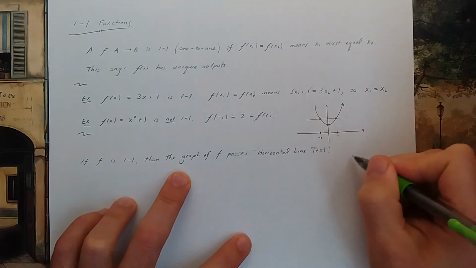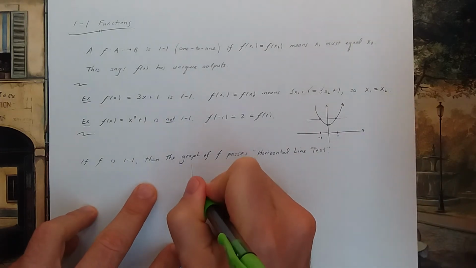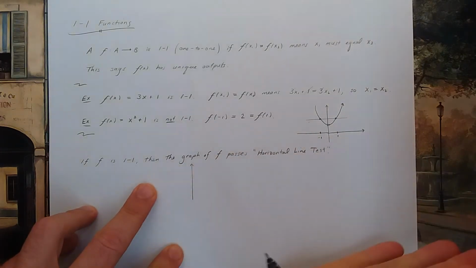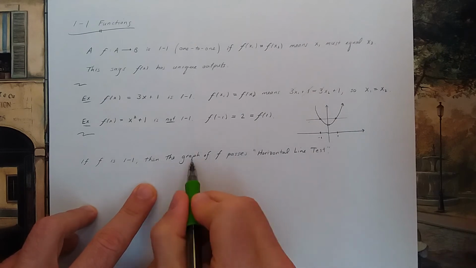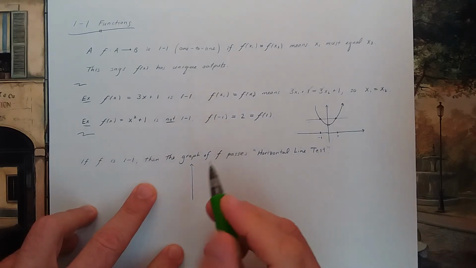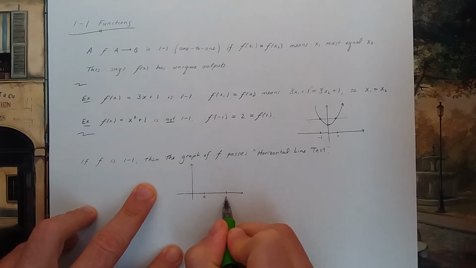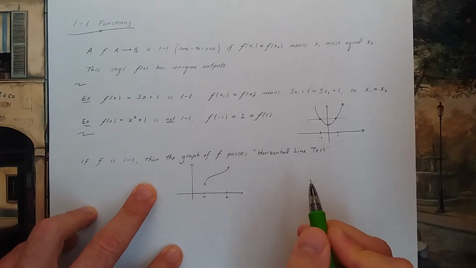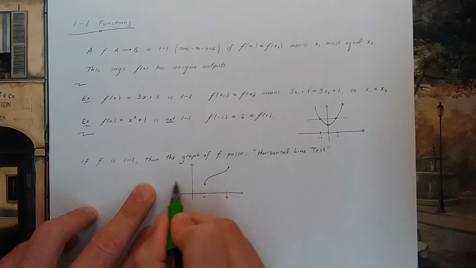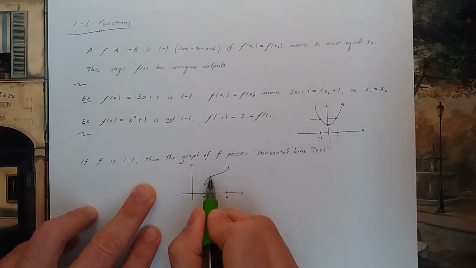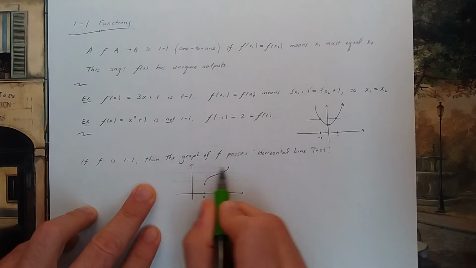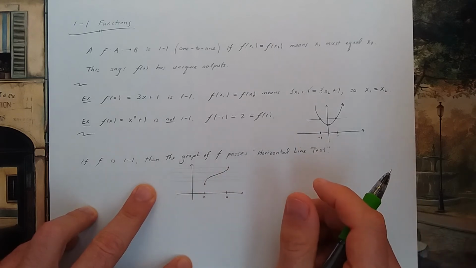The horizontal line test says that any horizontal line must intersect the graph of f in at most one place. So if I have the graph of a one-to-one function, maybe there's an example, any horizontal line I draw intersects the graph in at most one location.